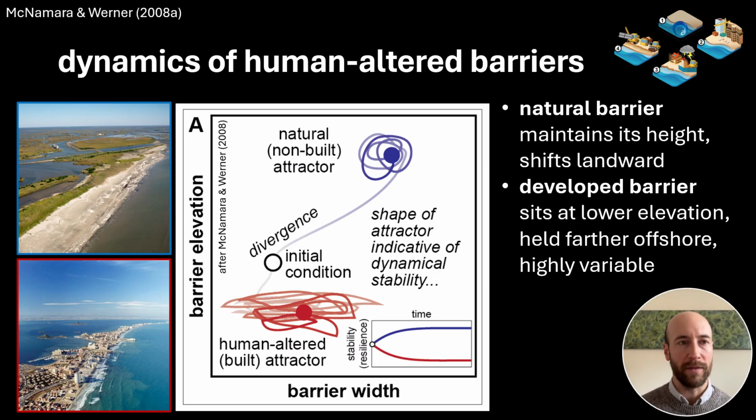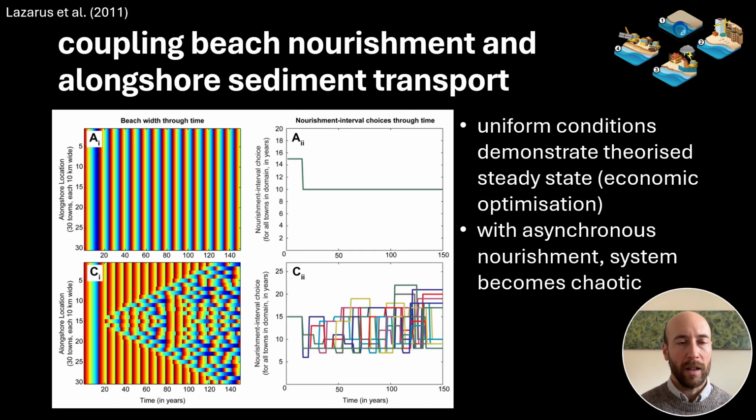So one that I worked on that followed this work, we looked at coupling beach nourishment with longshore sediment transport. And so in the top panel, that is what happens according to natural resource economics theory, in that given a set of environmental conditions, a coastal town will find, based on a number of environmental conditions like erosion rate, value of housing stock and things like that, there is essentially an economic optimum.